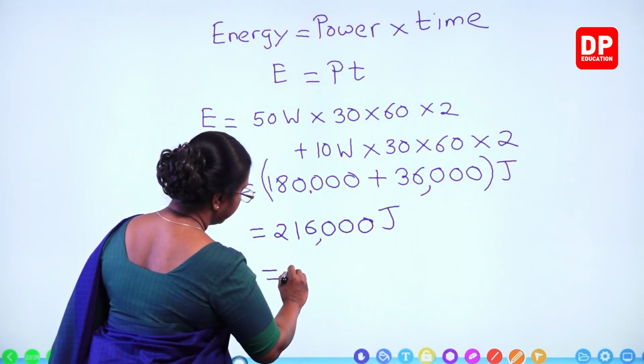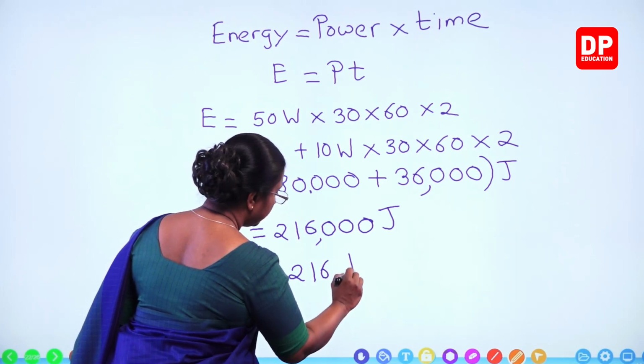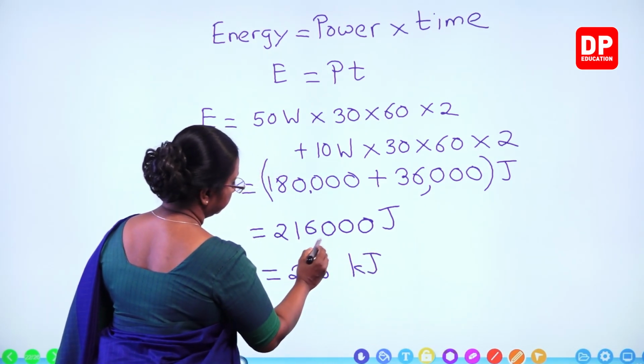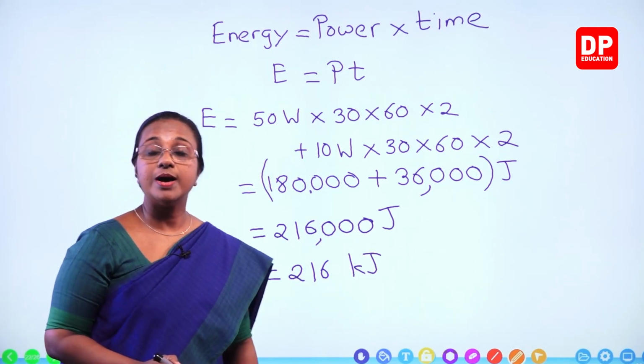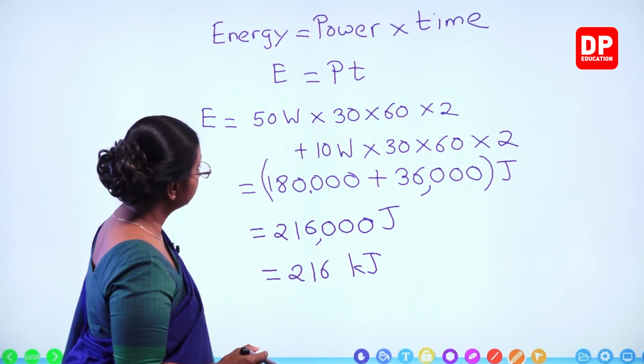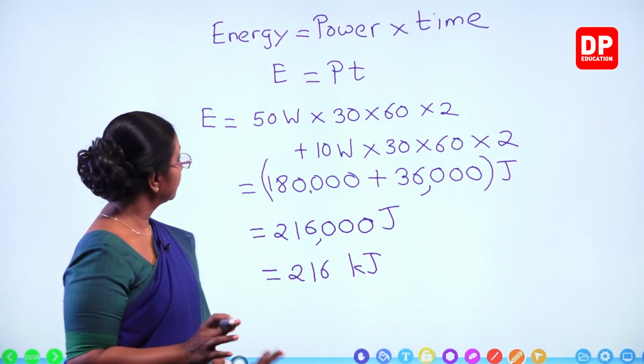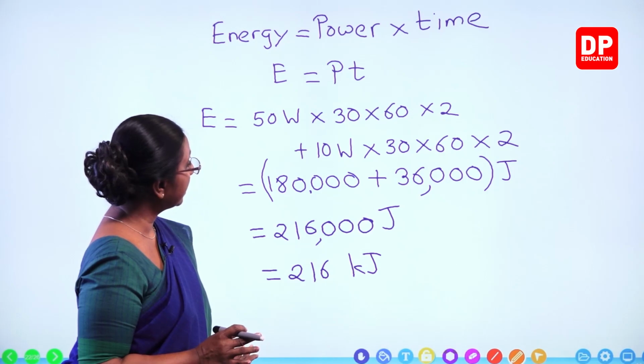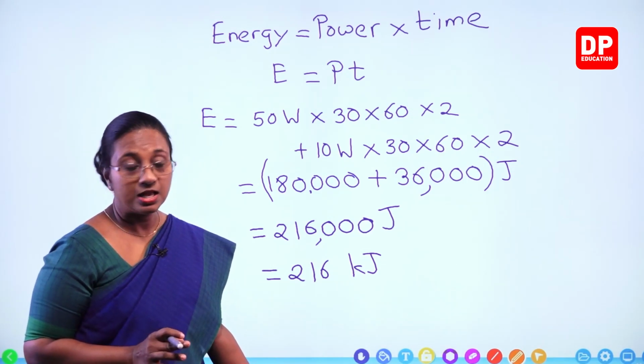Or we can write it as 216 kilojoules also. 1000 joules is equal to 1 kilojoule. That is also correct. So, like I said, we can do the calculation like this.